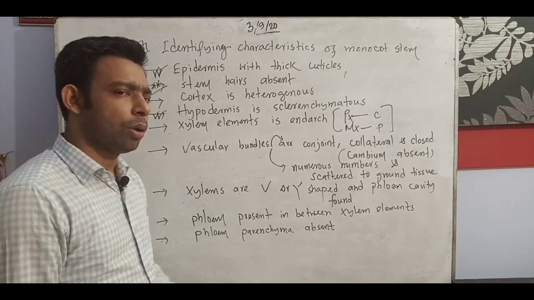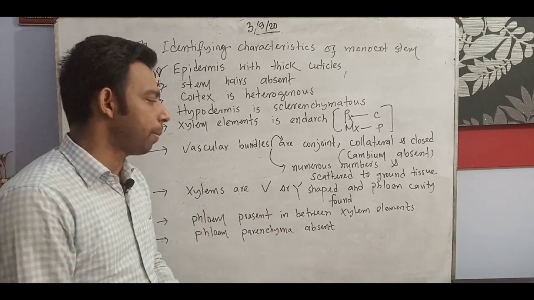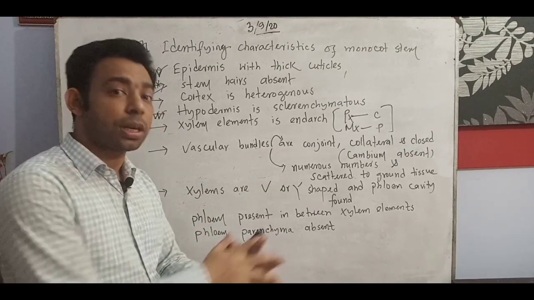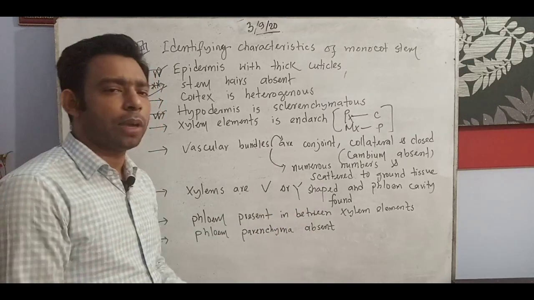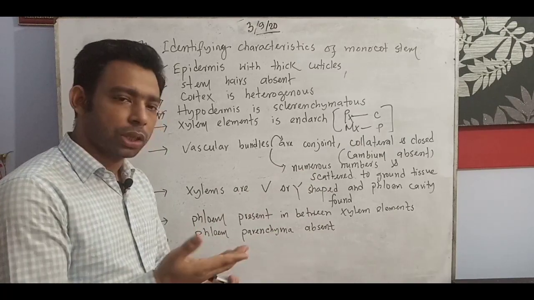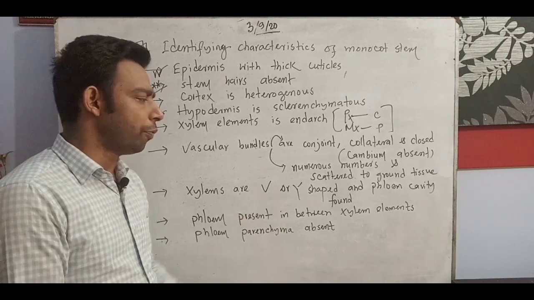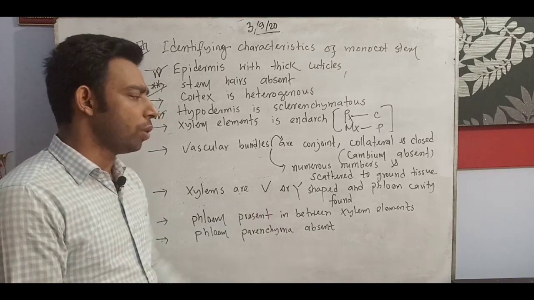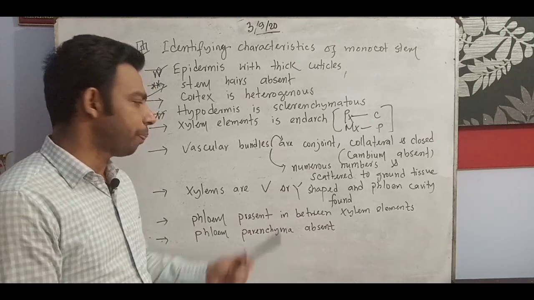Xylems are V and Y shaped. Yesterday I also wrote that the features are V or Y shaped and phloem cavity is found. That is a very important feature when you section it and look under the microscope. What will you see? The V or Y shape, and the phloem cavity found in that specific part.